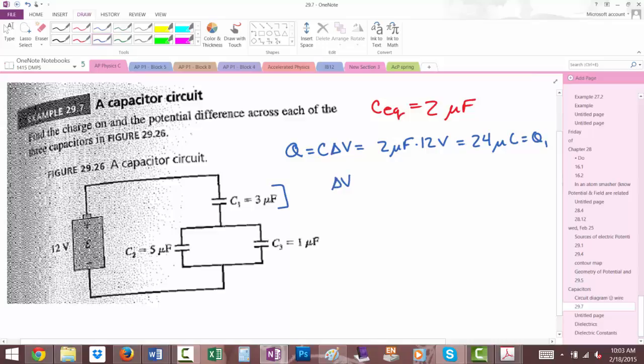So delta V for 1 is going to be equal to Q1 over C1, so that's 24 microcoulombs divided by 3 microfarads gives you 8 volts. So that's 8 volts of potential across this one, which means how much potential difference is there across this part?